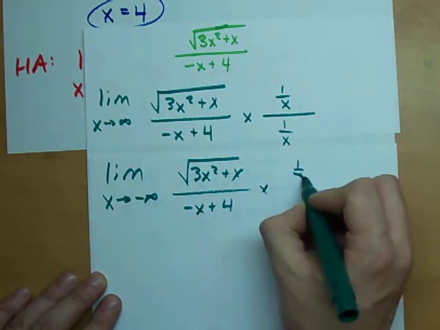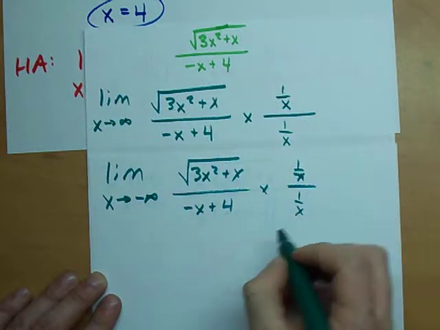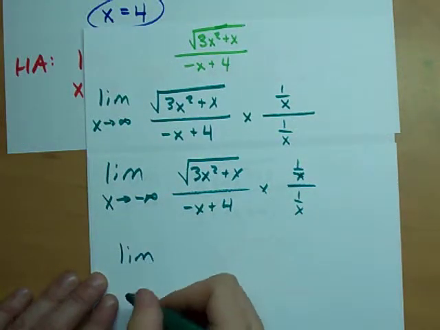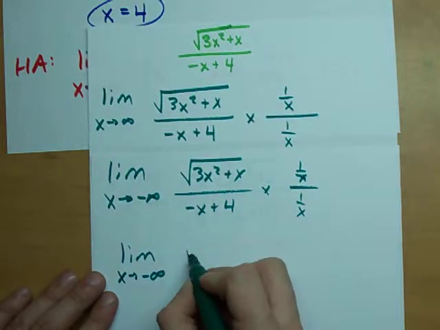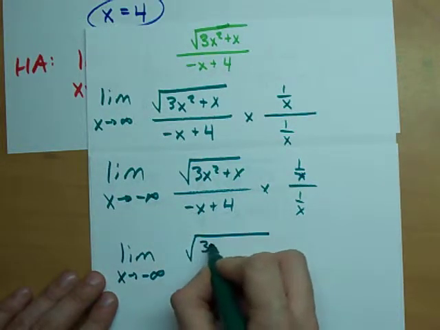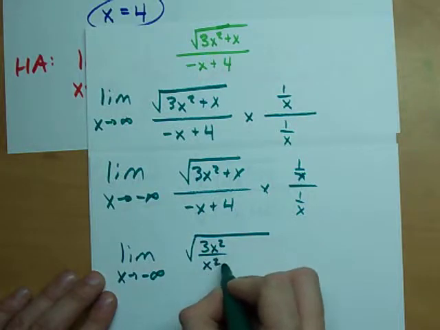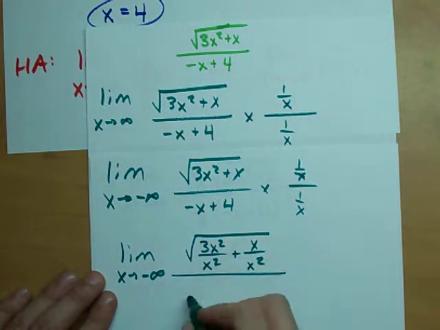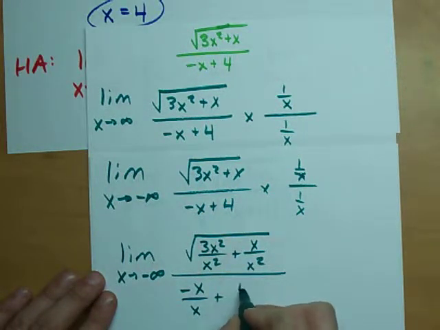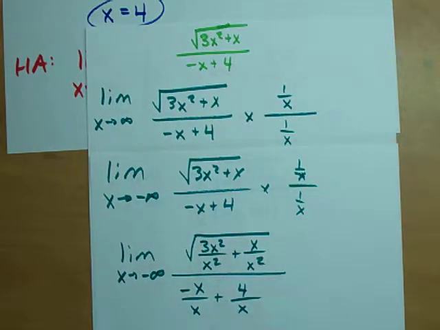Again, multiply the top and bottom by 1 over x over 1 over x. You get the limit as x approaches negative infinity of 3x squared over x squared plus x over x squared, all over negative x over x plus 4 over x. That's the same so far.